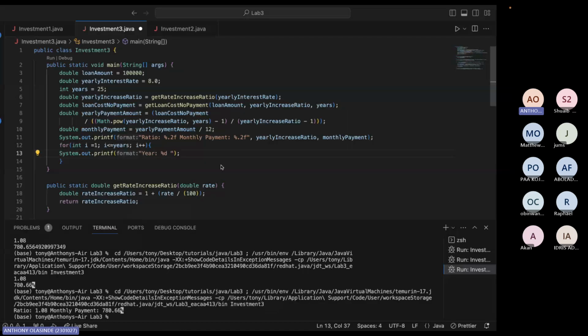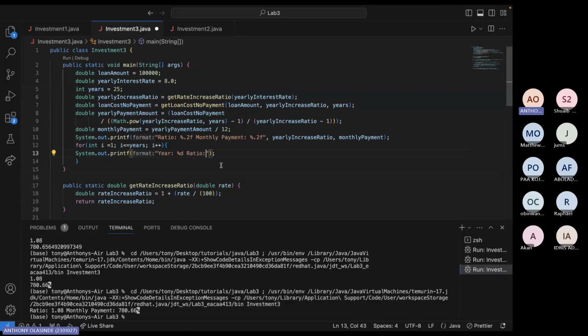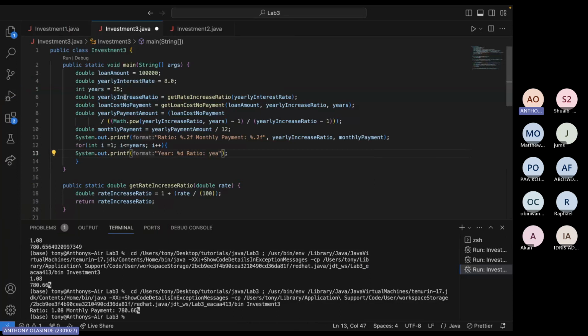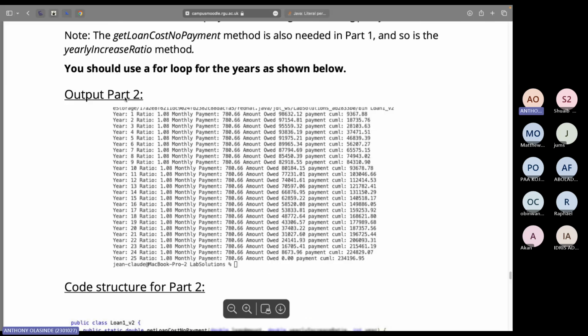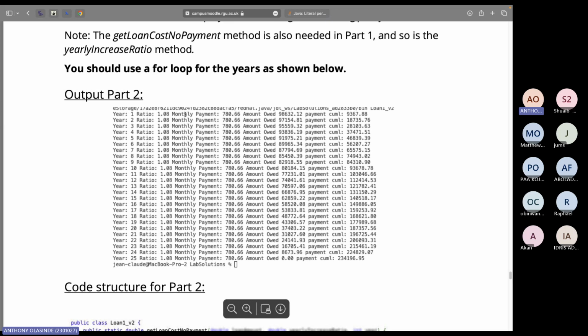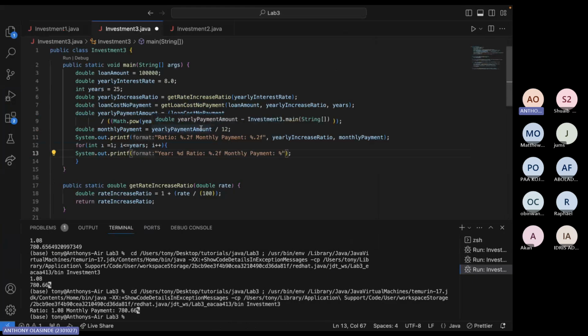Then we have ratio, which is our yearly increase ratio, which is %.2f. Then we have monthly payment, which is %.2f.